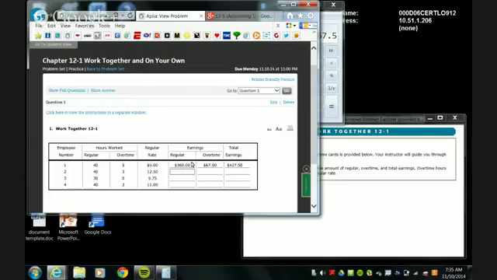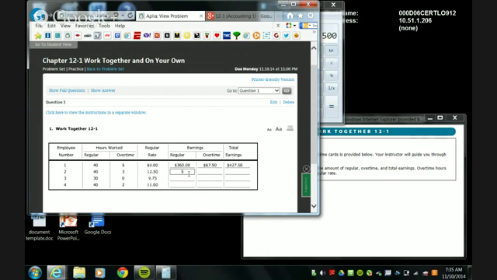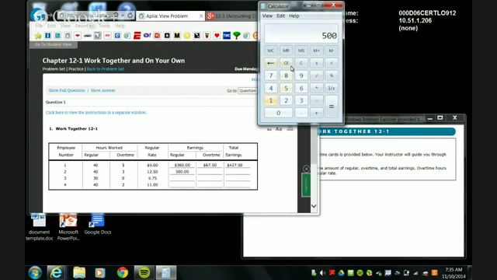Okay, and then from there, the process is just the same. This person's got 40 times $12.50, and so that is $500 of regular earnings. We do $12.50 times 1.5.